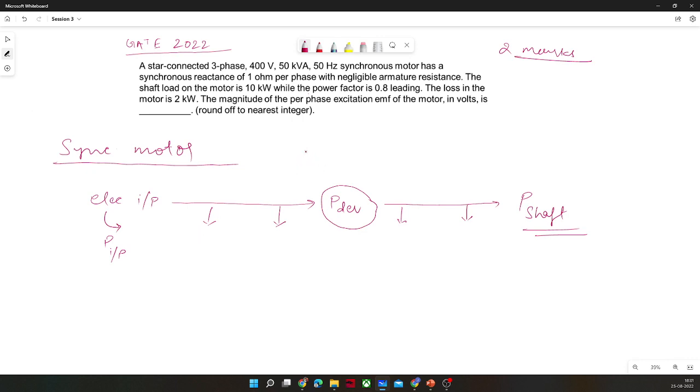We are moving from electrical to mechanical. So some electrical losses would be there, core loss and copper loss. After that, this developed power would be there. And here, rotational losses, these are mechanical losses, frictional plus windage loss. These losses would be there.